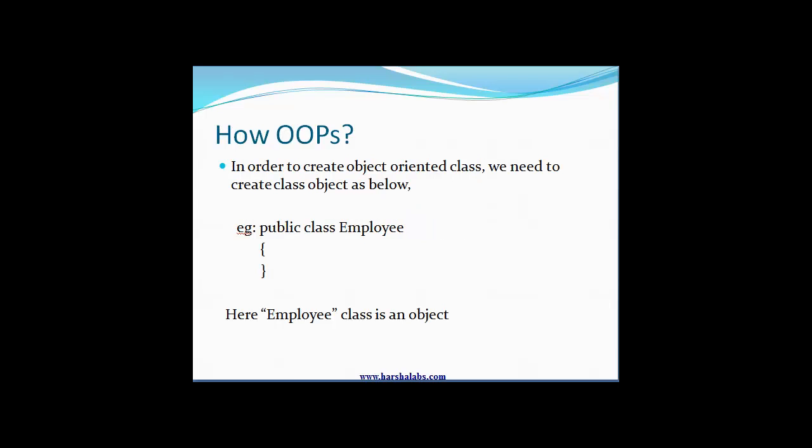Then we go for how OOPS. We talked about what is OOPS and why OOPS. So how do we implement OOPS? In order to create an object-oriented class, we need to create a class as below. Suppose there is an employee, so for that I created a public class Employee.